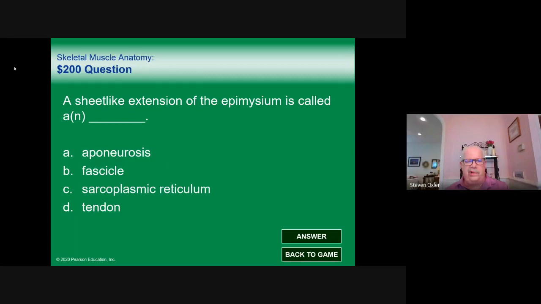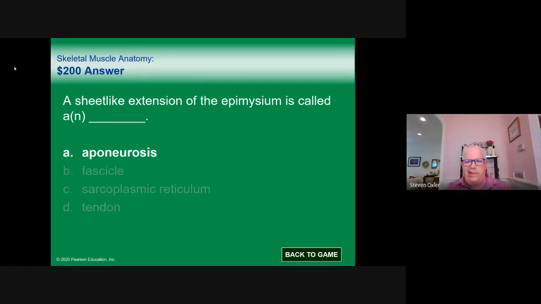It is connective tissue. The answer is aponeurosis. We didn't talk about it. I'm not going to ask you that question. But I would know the epimysium, the perimysium, and the endomysium, okay? Those are the three connective tissue coverings of a muscle, and know where they cover the muscle itself.